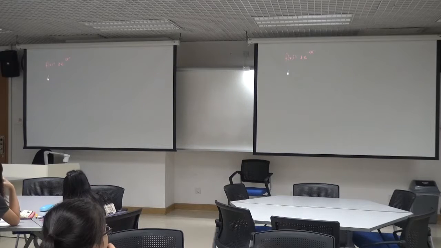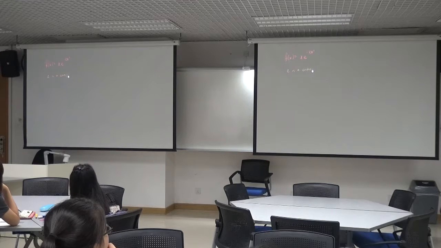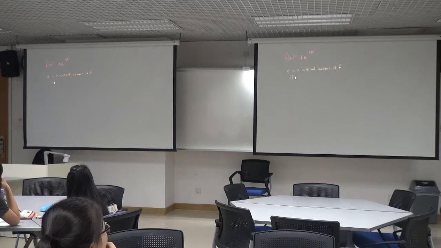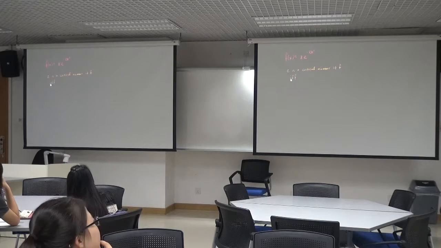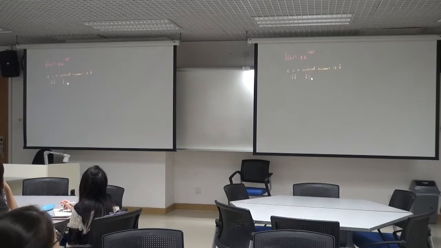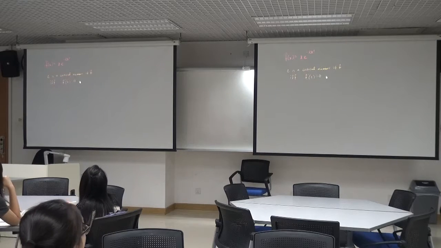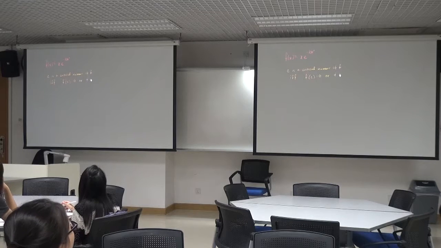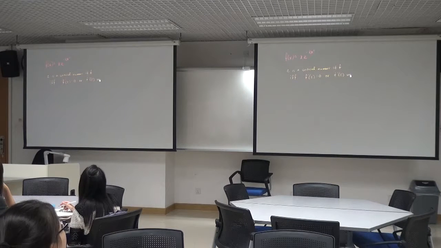So we would say c is a critical number of f if and only if f prime of c is equal to 0, or f prime of c is undefined.